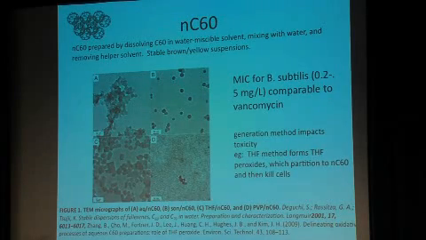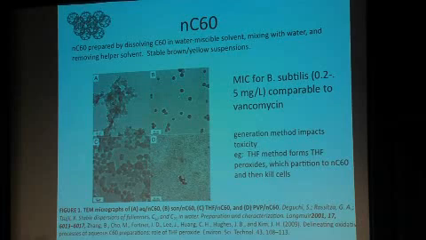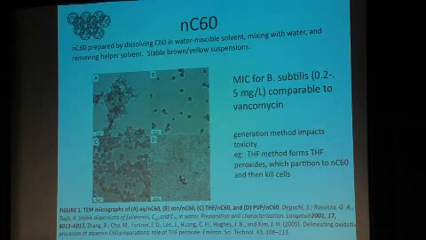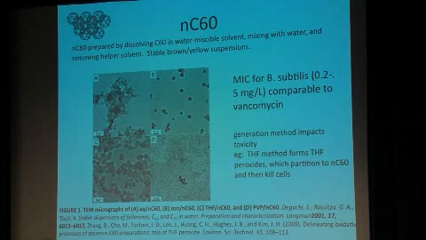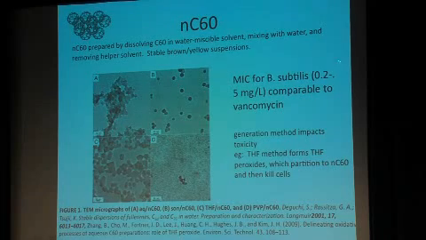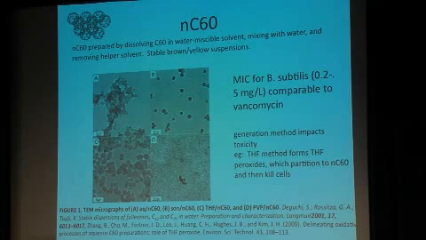And these particles seem to be much more bioactive than individual C60 molecules. So in one study, for example, the inhibitory concentration for bacterium was comparable to vancomycin, which is an antibiotic. Okay, so in this case at least, there was a reasonable bioactivity. And so there was some concern over this.